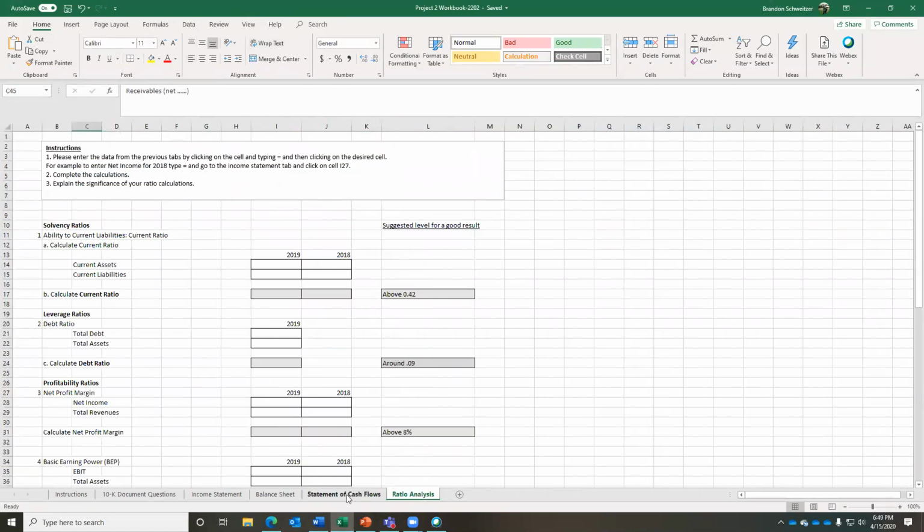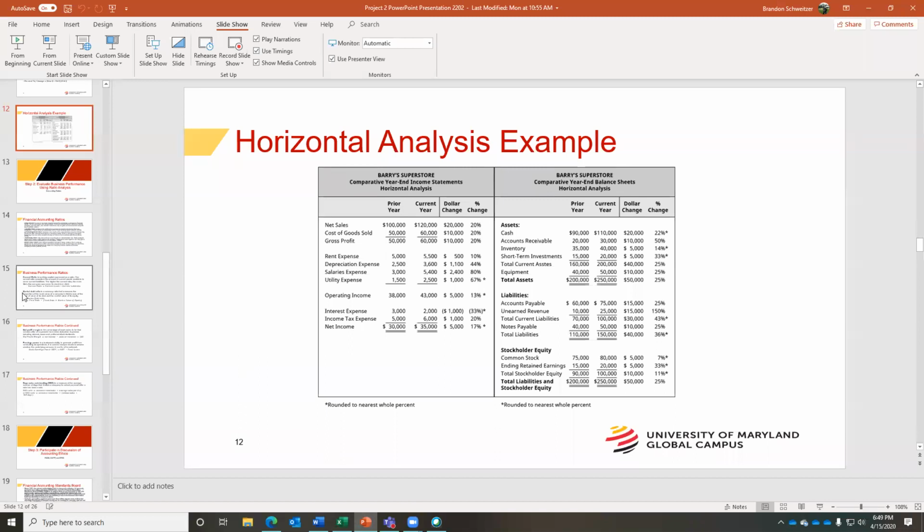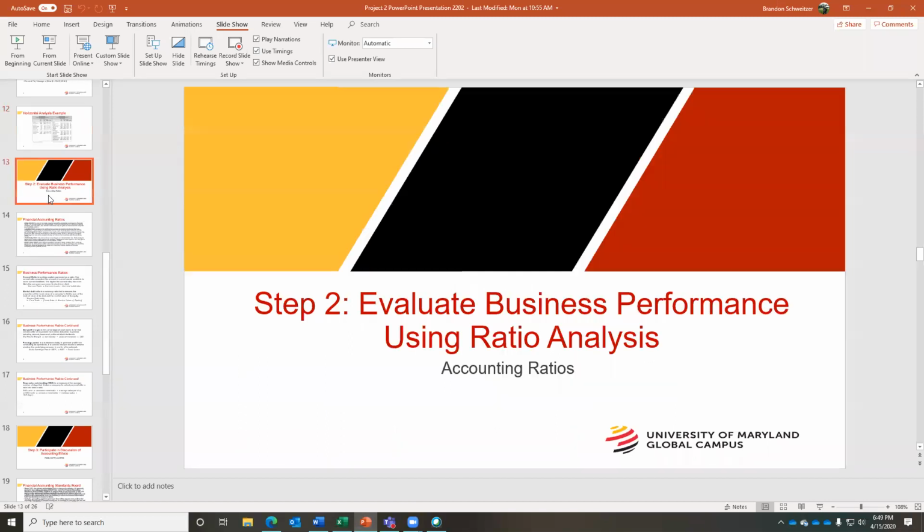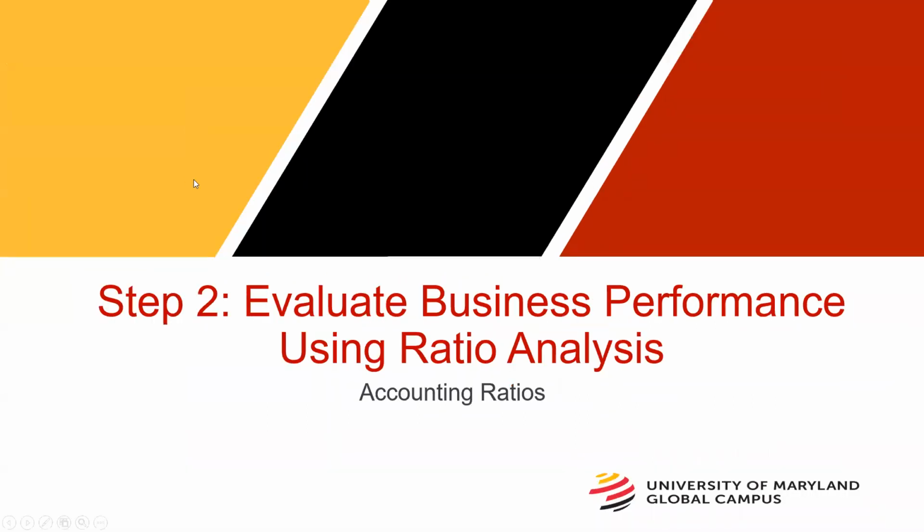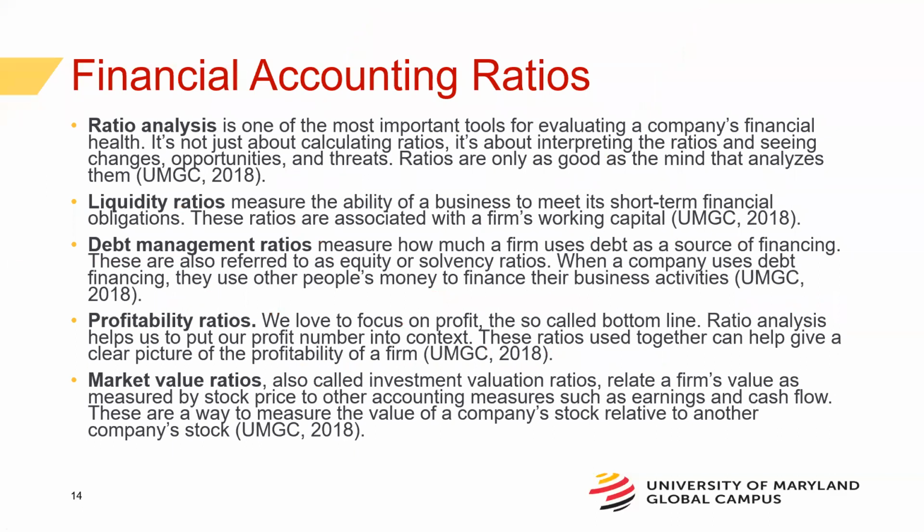Now let's jump into our ratios. Yay, ratios. I know you're all so very excited. Okay, so step two of our project has to do with ratios. Now, the reason why we calculate ratios in business is to get a better, quick understanding of the financial health of the company.